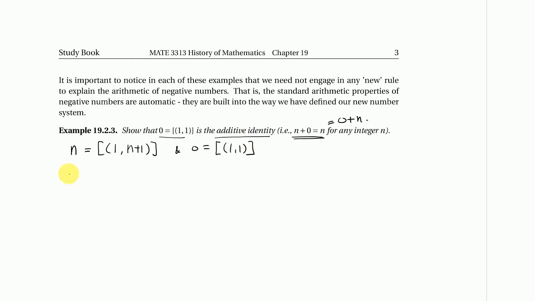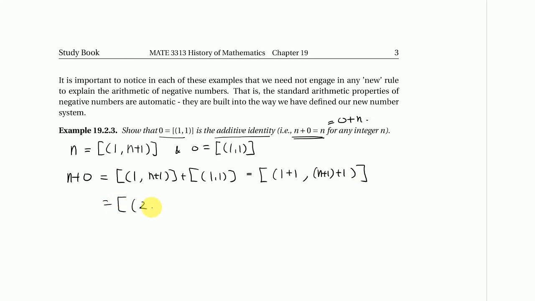Then what is n plus 0? It's n plus 1, 1. So by the definition of addition, we have coordinate-wise addition, right? So 1 plus 1 and n plus 1 plus 1, so it becomes 2, n plus 2.